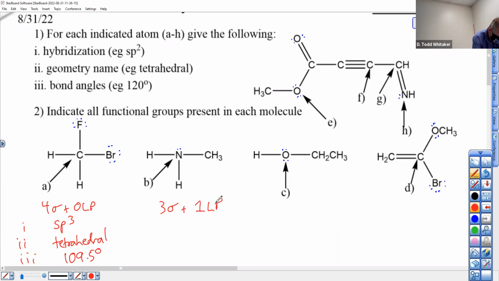That's 4. Answer: sp3 again. Answer: 109.5 again. Please don't say tetrahedral again. This one is pyramidal. You could say trigonal pyramidal, but you don't have to. We don't have a square pyramidal in organic chemistry, so let's not make a distinction when we don't have one.